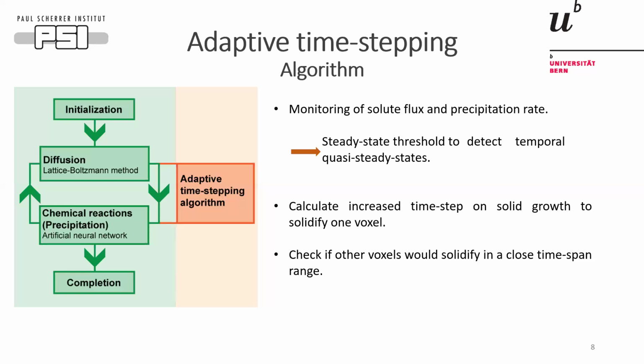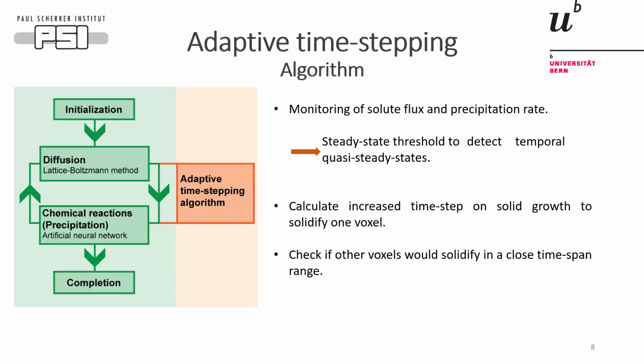So for that, I programmed the adaptive time-stepping algorithm within the reactive transport model framework of the Lattice-Boltzmann method. The temporal quasi-steady states are detected by monitoring the average solute flux and precipitation rate at every time step, and when their corresponding relative errors over the last 50 time steps lie beneath the specific steady state threshold, an acceleration step begins.